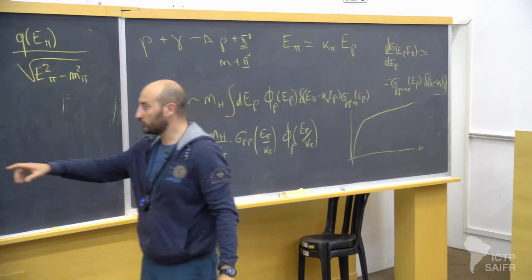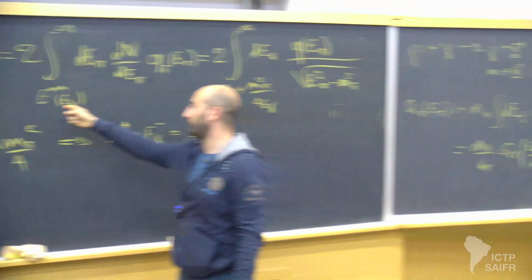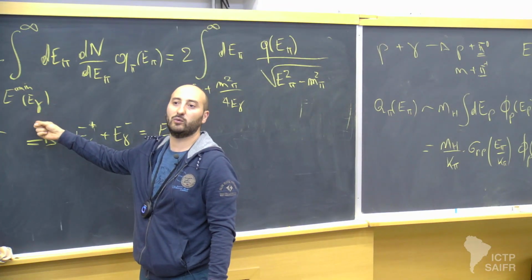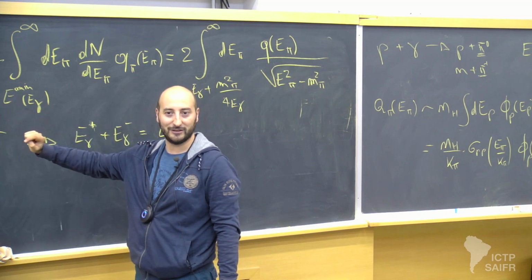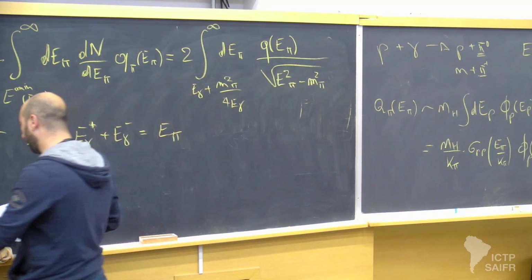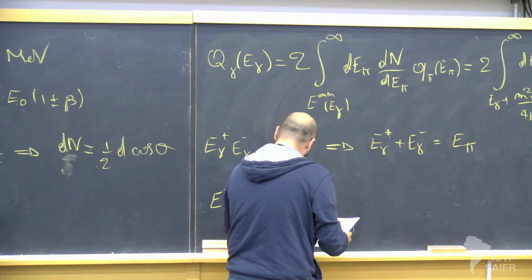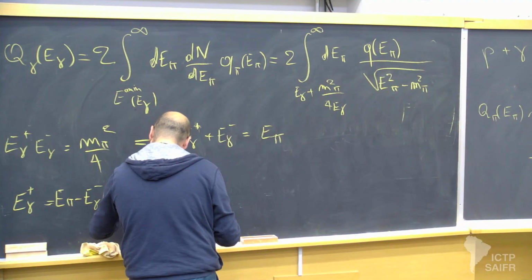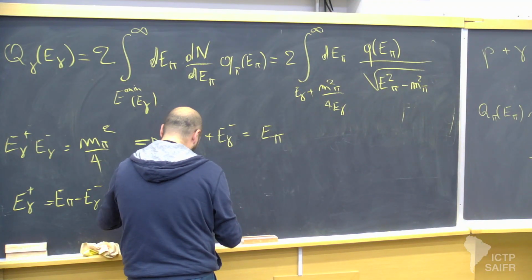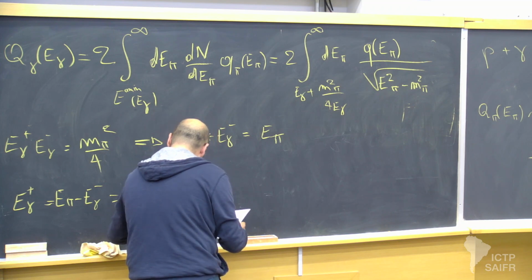Okay? Now we want to know what's the minimum energy for a pion to produce a photon of energy E gamma. This is equivalent to the maximum energy of a photon corresponding to a given energy of your pion. So we want to derive E gamma plus from these two expressions, and this is E pion minus E gamma minus, and this is E pion minus M pion squared over 4 E gamma max.